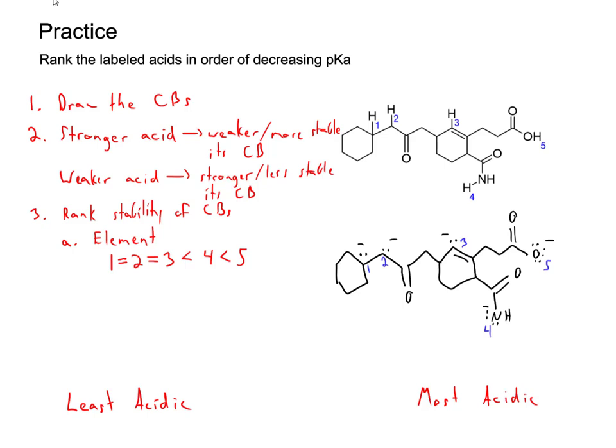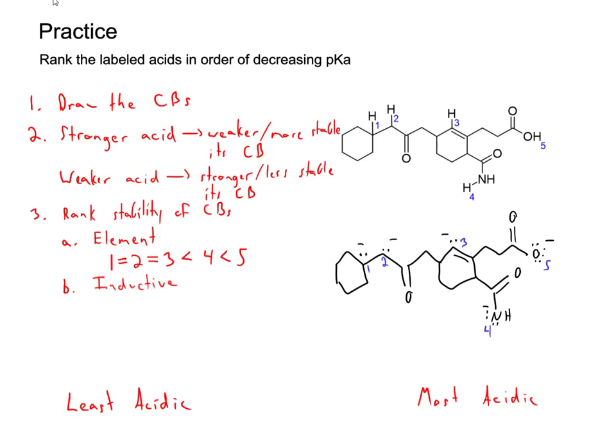The lone pair on 4 is on a nitrogen, so that's going to be the next most stable. And then the most stable is going to be the lone pair found on that oxygen, or 5. That's because from left to right on the periodic table, you increase electronegativity, and when you increase electronegativity, you are stabilizing that negative charge.